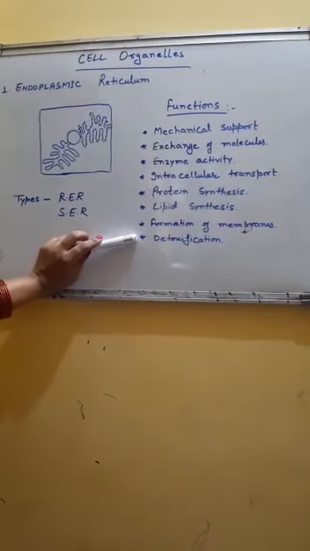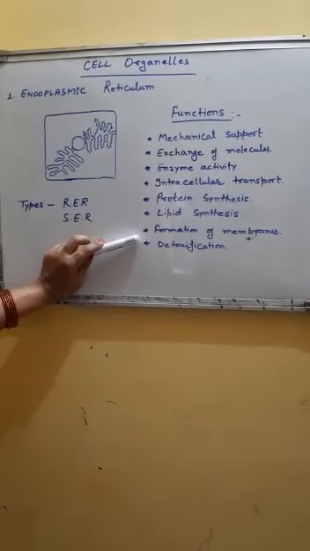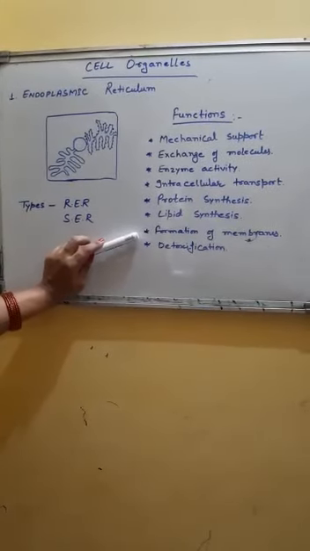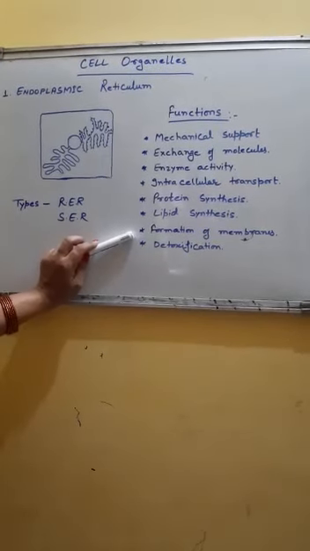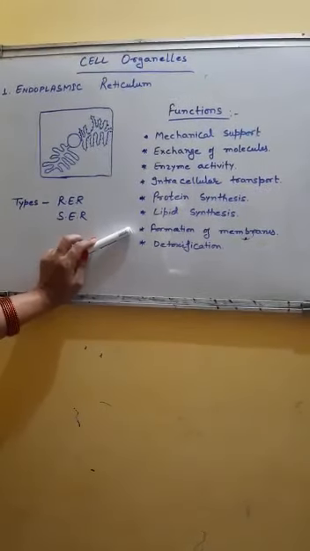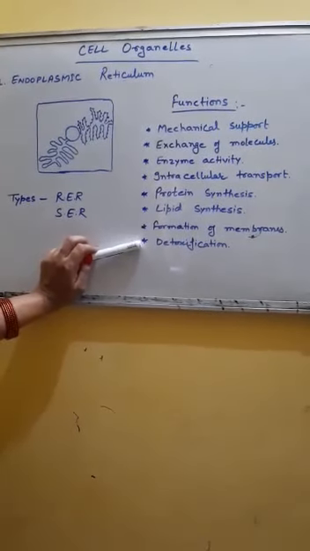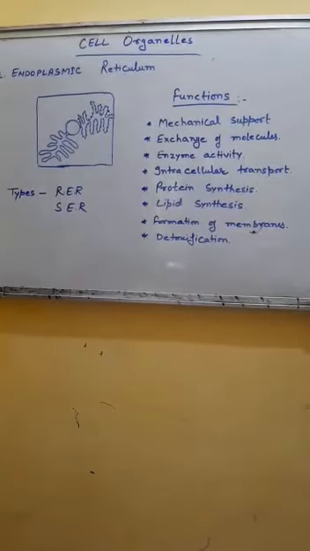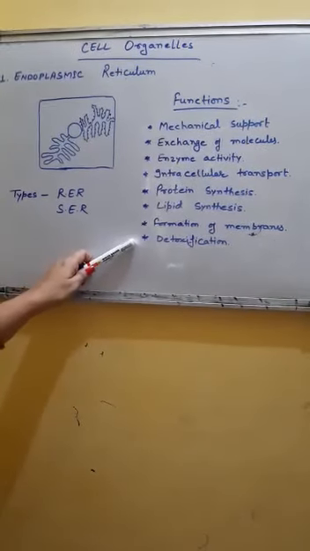The ER of liver cells of mammals performs a very important function of detoxification. It is generally carried out by smooth endoplasmic reticulum present in liver cells of mammals, which detoxifies the harmful substances which happen to enter inside the cell.